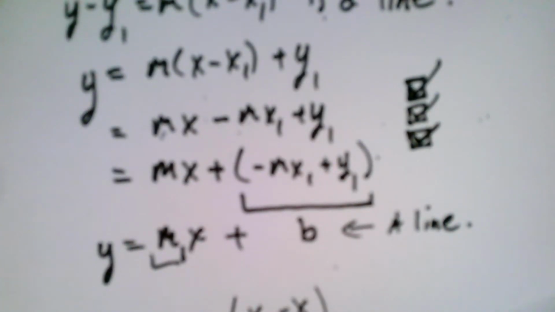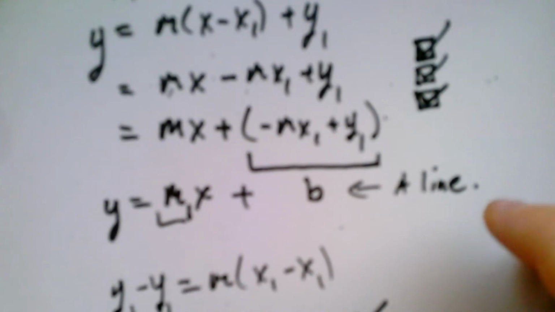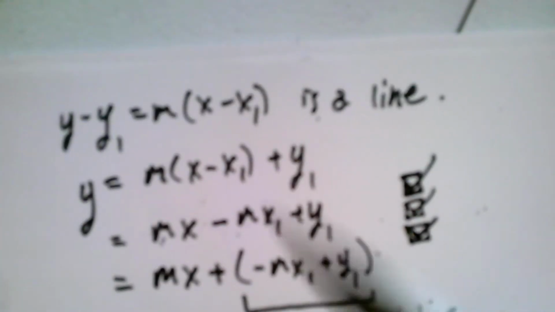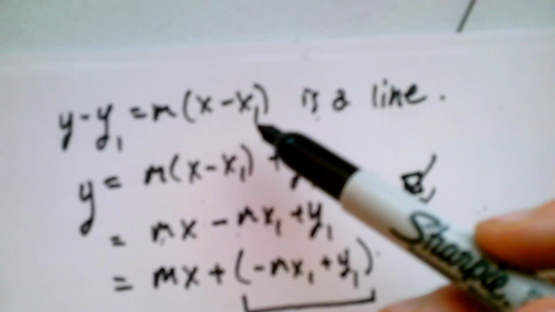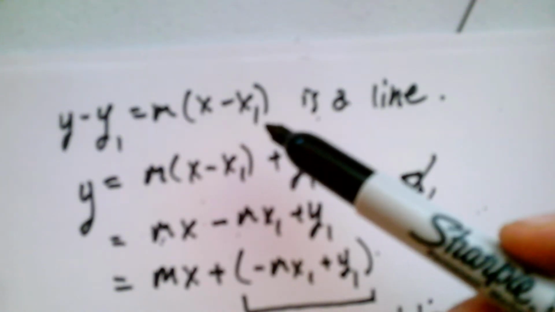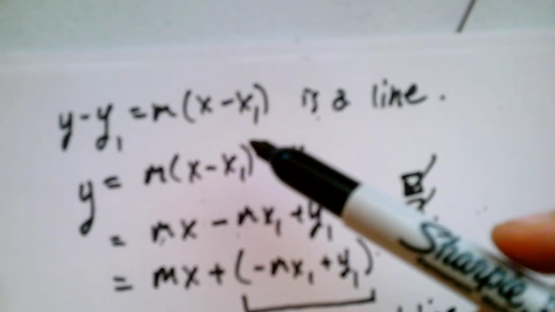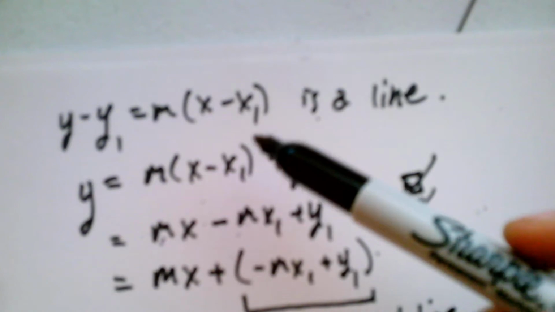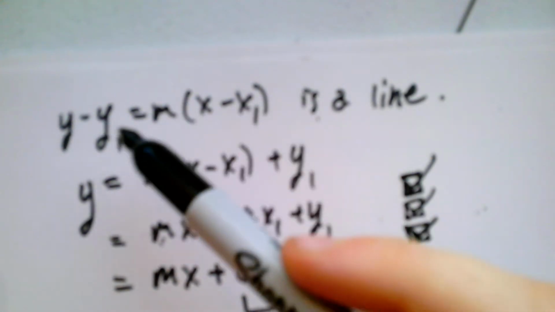All three of our conditions are met. So writing out this point slope form gives us a line, and it has a slope that we can predict, and it goes through this point that we chose, which is the point x1 comma y1. Now there is one more thing we want to prove.